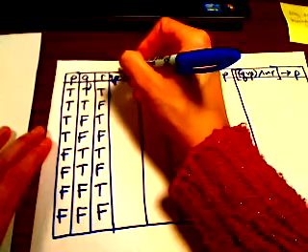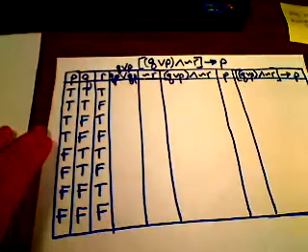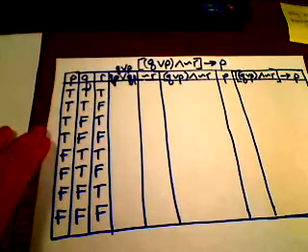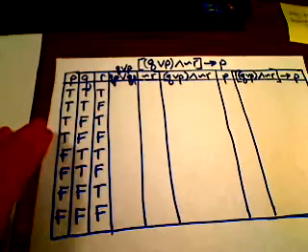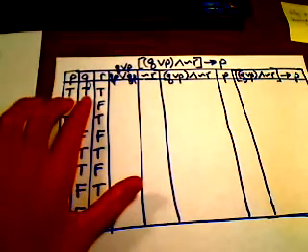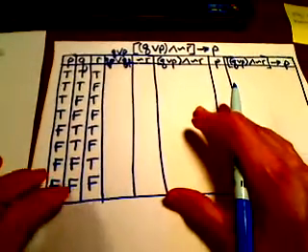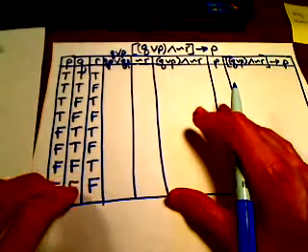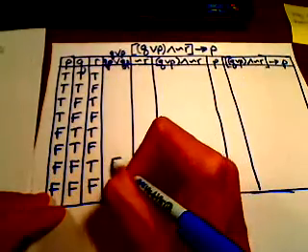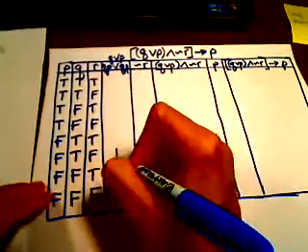Okay, so this column right here, you can't see it very well, it's Q or P. So we're doing a disjunction between these 2 columns right here. Now the only time the disjunction is false is when both of them are false. So if we just look down here, we have 2 falses down here. So these 2 are going to be false, and then everything else is going to be true.